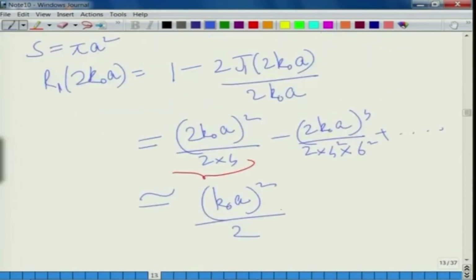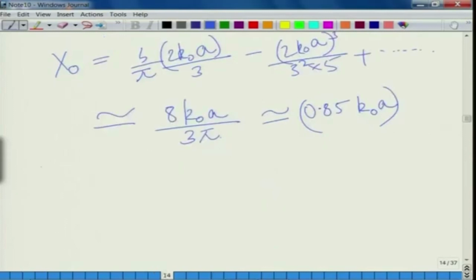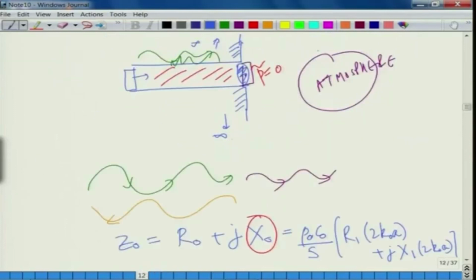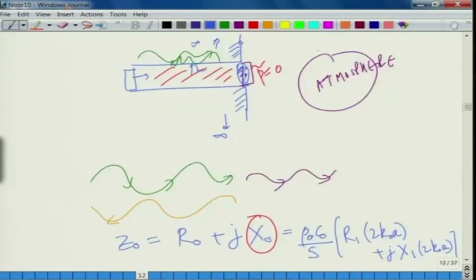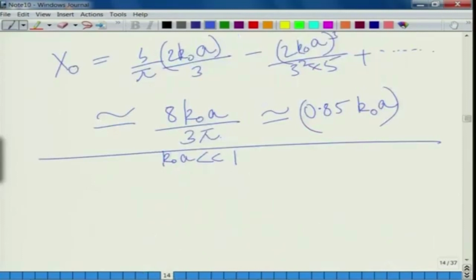So, this is what we are going to get for this part, and we obviously have the expression for this thing. So, the net impedance that is seen at this point by a wave can be written safely in the low frequency limit, that is k naught times a is much less than 1. So, if you have a pipe whose radius is a, and for low frequencies when k naught a is much less than 1, the actual impedance Z can be written as rho naught times c naught times k squared by 2 pi.